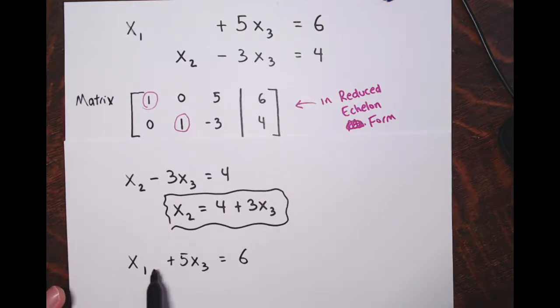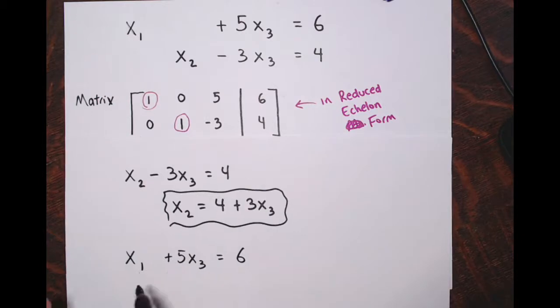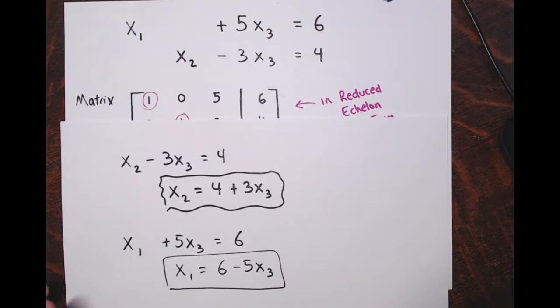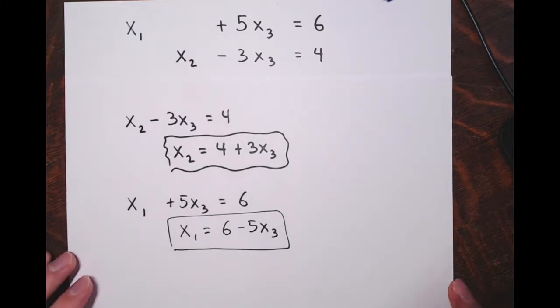If there were any other basic variables, I would replace any basic variable with an expression depending on a free variable, like I did earlier. Then I solve for the basic variable. So x1 here would be 6 minus 5x3. And then x3 is itself. So we've accounted for every variable.